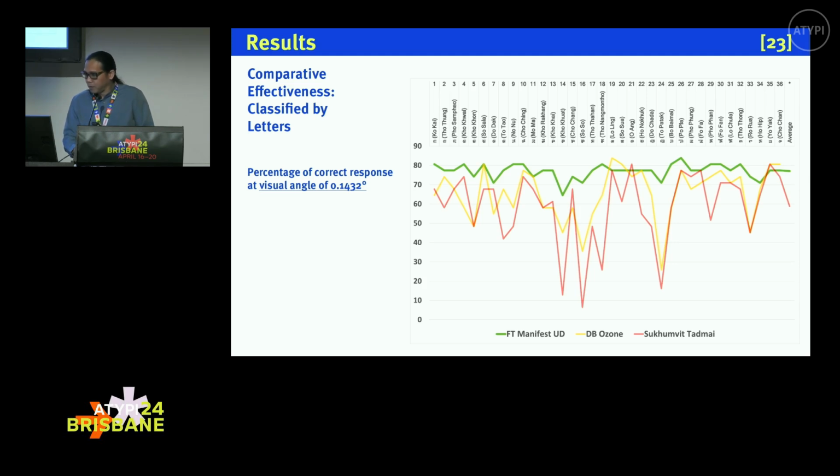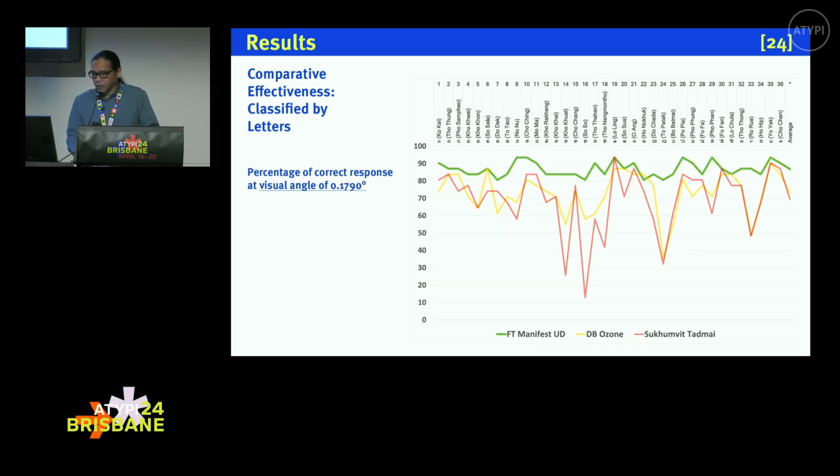But the result on character number 19 shows that the effectiveness of FT Manifest is lower than the two Roman light typefaces.